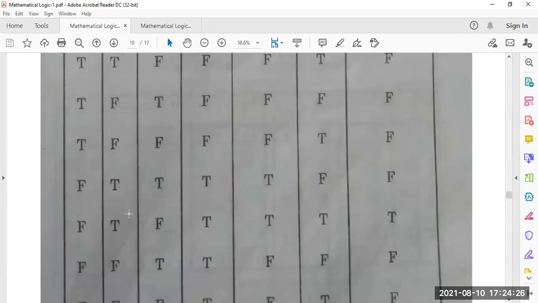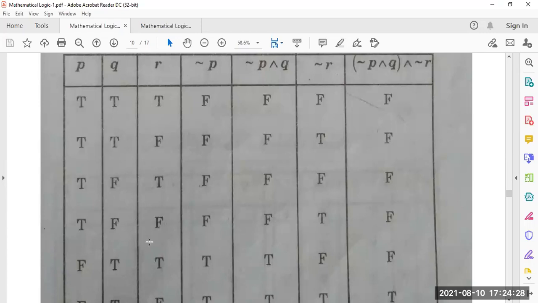TTFF, TTFF for Q. TF, TF, TF, TF for R. As P is given, negation of P will be the opposite of the P column. Is it clear? Now negation P or Q. P or Q means if both are given T, then only T, otherwise false.